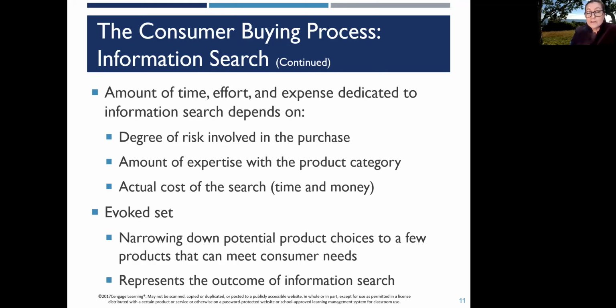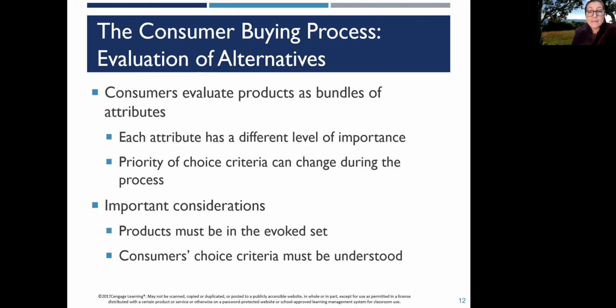If the search is more comprehensive, then the consumer may well go through that search process before they arrive at their evoked set. So the evoked set is then taken to the evaluation stage, and when consumers are evaluating alternatives, they're evaluating products as bundles of product features.